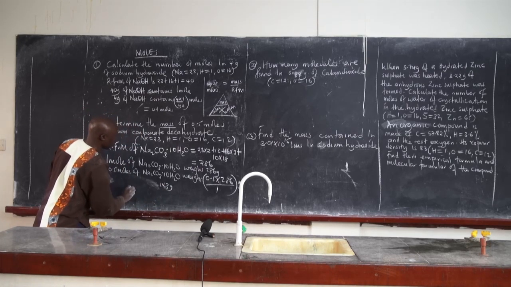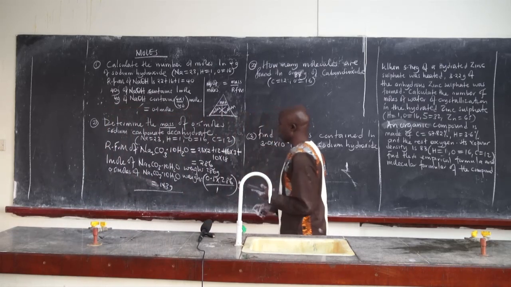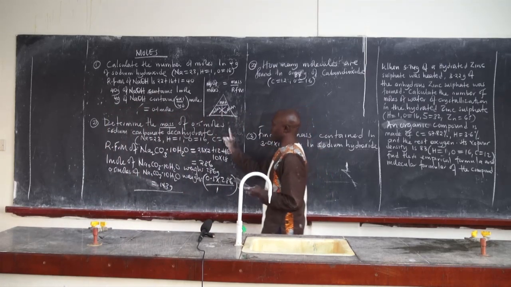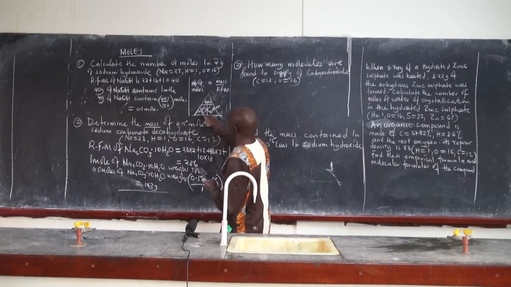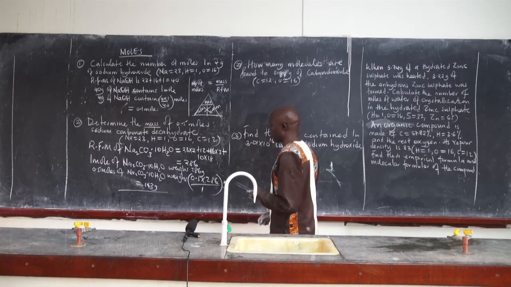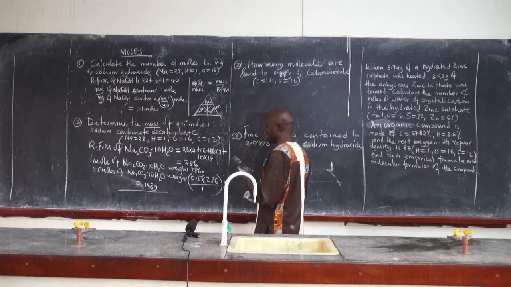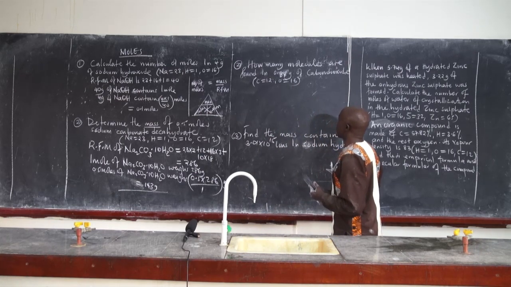So that's it, 143 grams. I hope you get that right. So that's how you punch it. Even this formula could work for you. Mass is moles times RFM, which is exactly here, 0.5 moles times 286, which is the RFM.